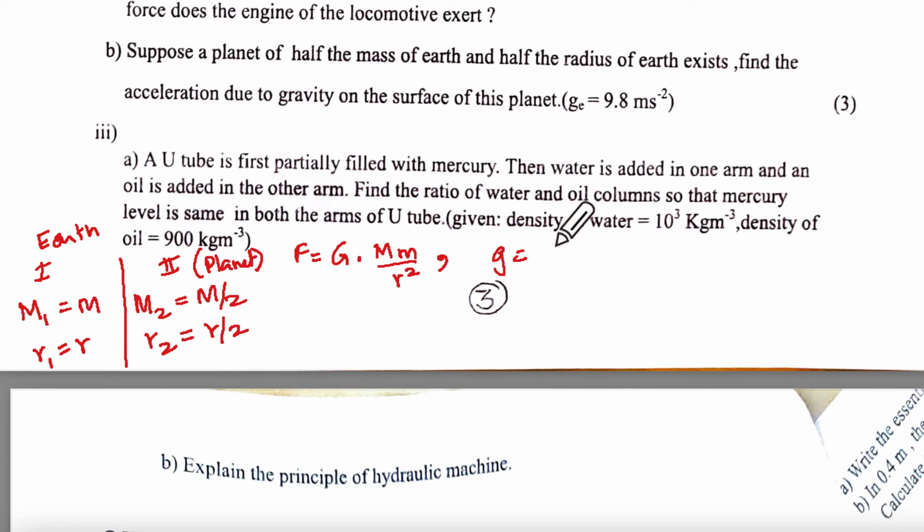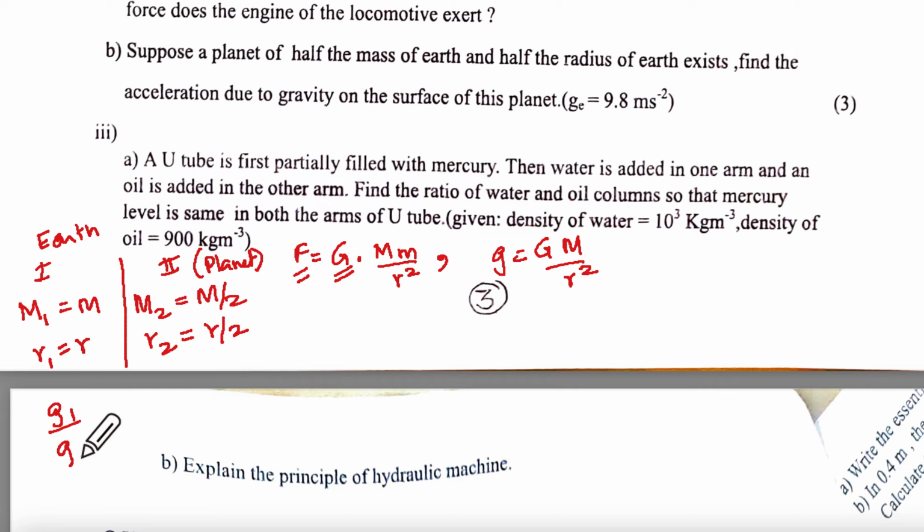Small g is equal to, tell me? G m upon r square. So we'll have to use this formula, not that formula. Understood, no? Here we are using gravitational constant and then the force of gravity. Understood? Yes, ma'am.